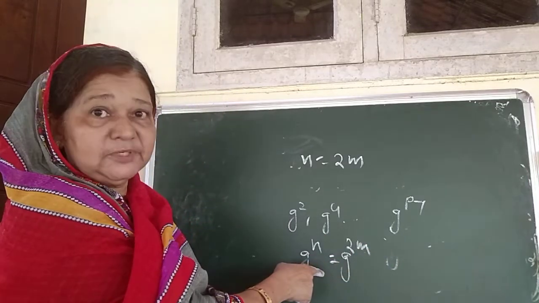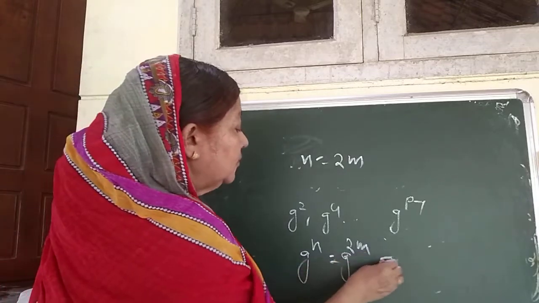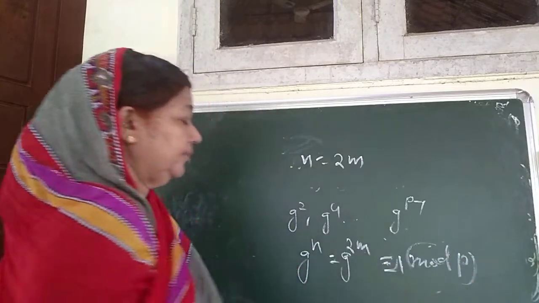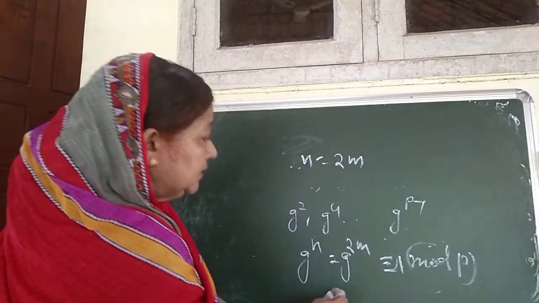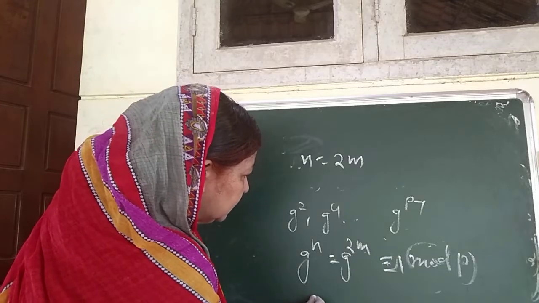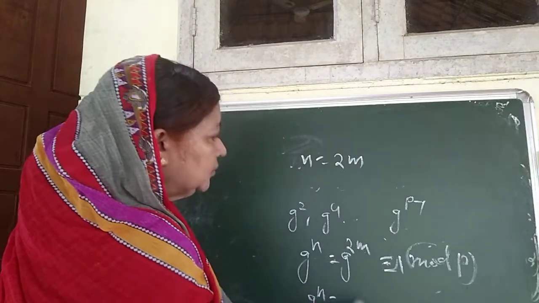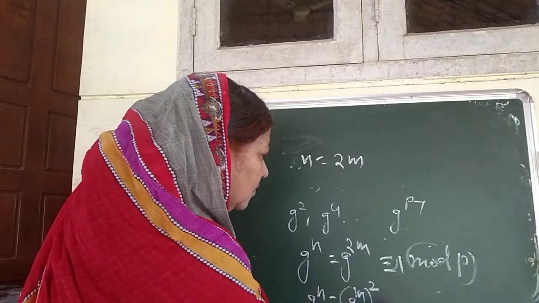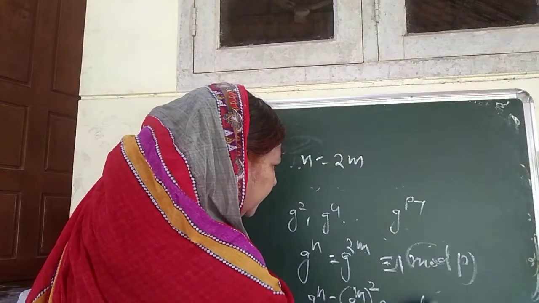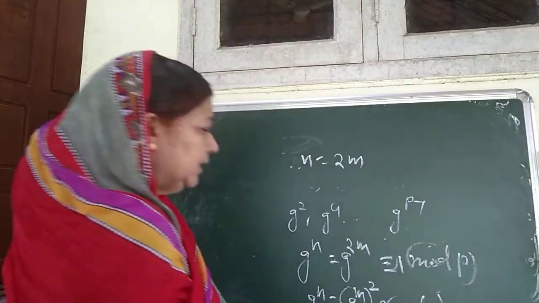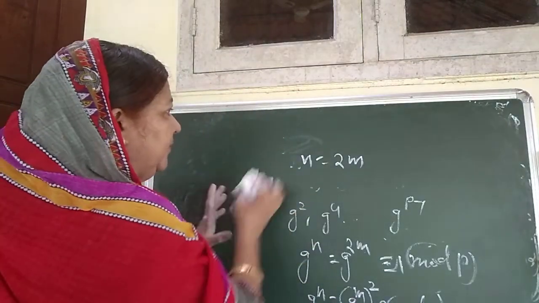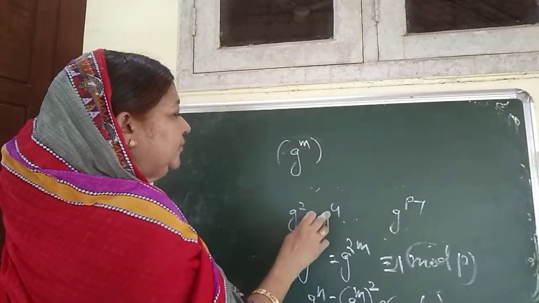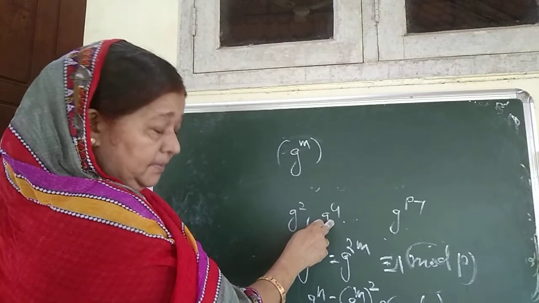Since G is a primitive root, G raised to P minus 1 is congruent to 1 modulo P. That is, G raised to n is congruent to G raised to m the whole square modulo P. So it can be written as G raised to m, which is an element of this set of primitive roots.